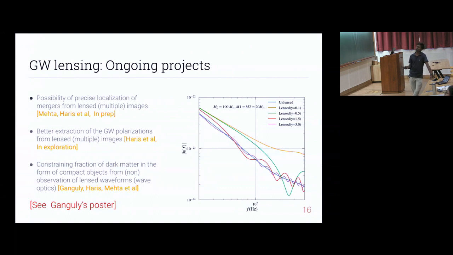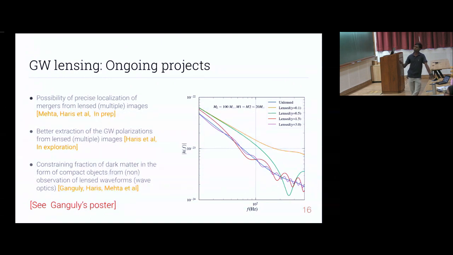Another project we are looking into is constraining the fraction of dark matter in the form of compact objects using gravitational wave data. Compact objects are one of the prominent candidates for dark matter.